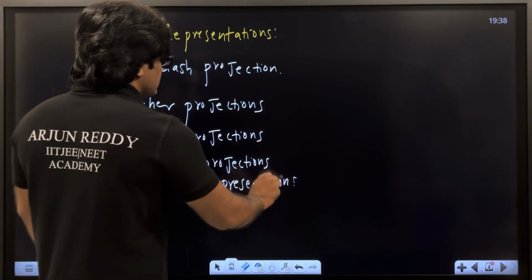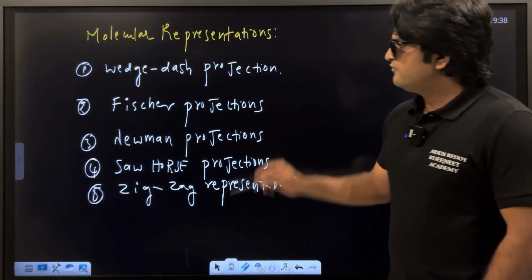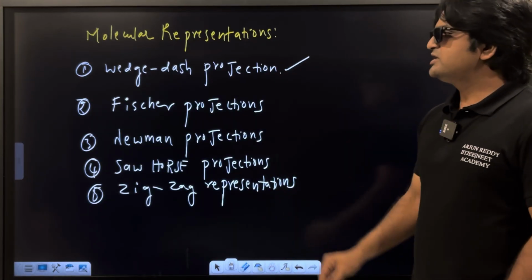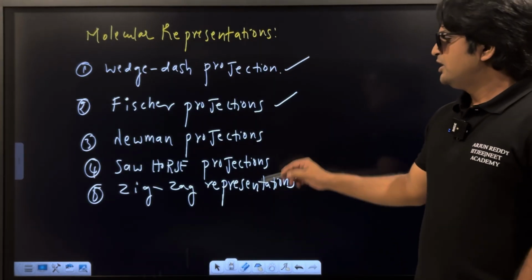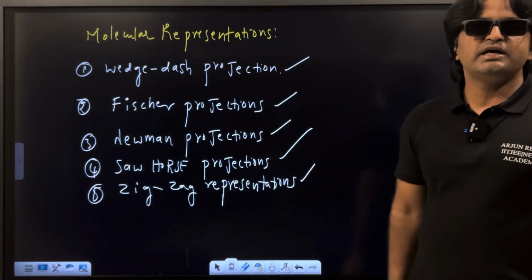Okay, these are the 5 different types of molecular models. Once again, what are the 5 types? What is the first one? Wedge-dash projections. What is the second one? Fischer projections. Third, Newman projections, Sawhorse projections, and the next one, zigzag representation.